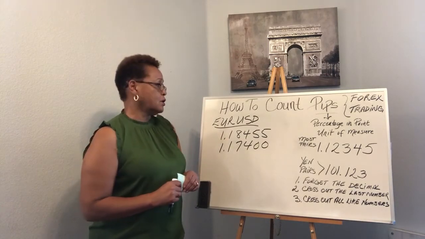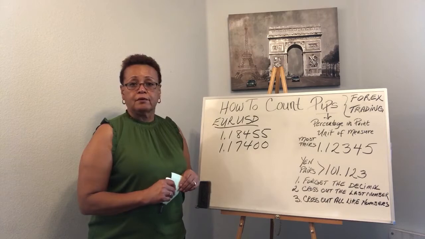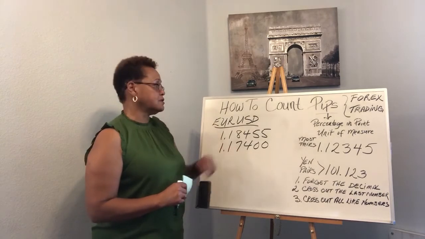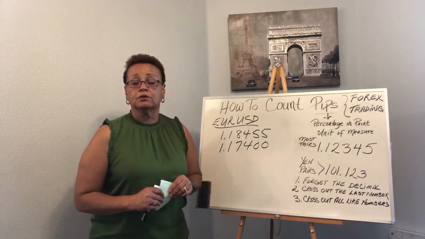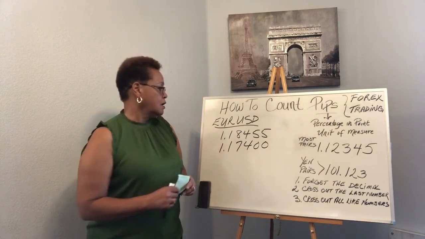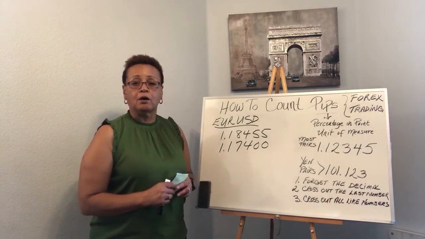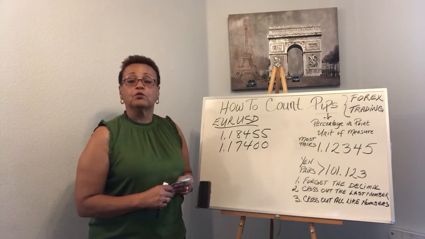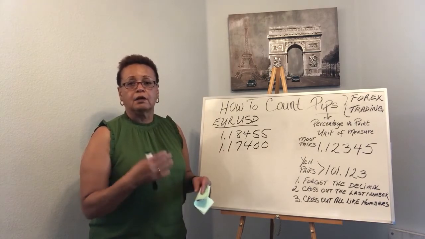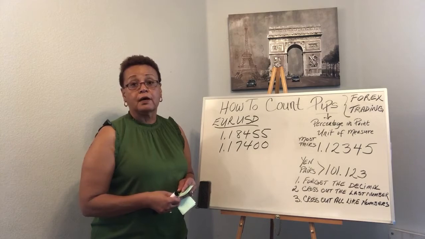I don't want to go over that just yet, because I just want to explain how to count pips today. But it's very important in determining how many pips you're risking and leveraging in your account.